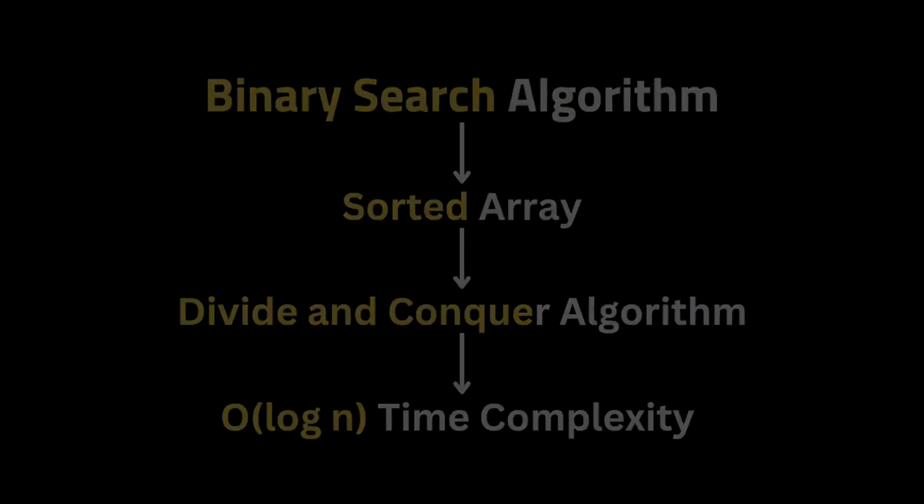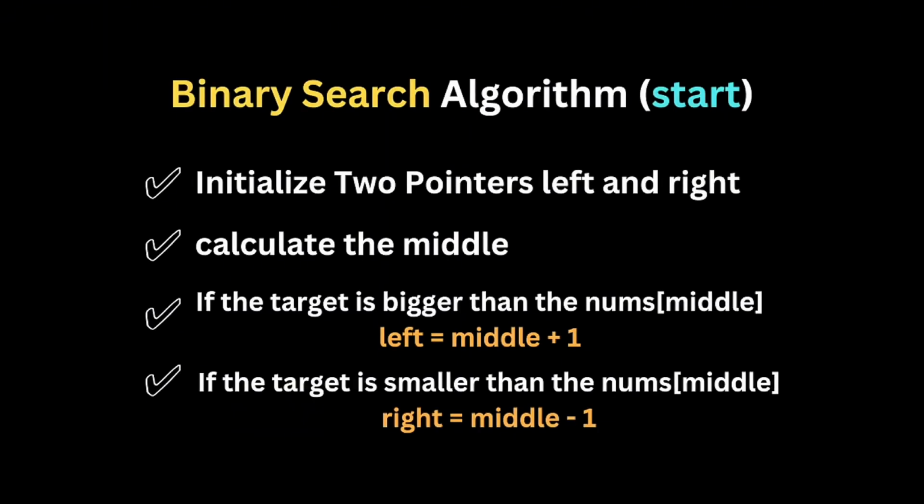Here's how binary search is going to work in this problem to search for the first appearance of the target in the array. First, we're going to start by initializing two pointers, left and right. Left starts at the first element in the array and the right at the last element. Then we're going to calculate the middle pointer.